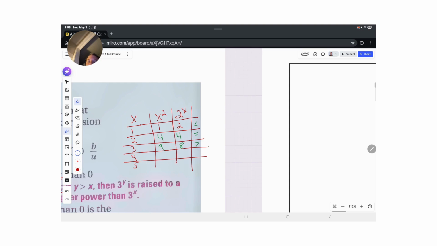Oh, now it's greater than. 4 times 4 is 16. 2 to the fourth power, 2 times 2 is 4 times 2 is 8 times 2 is 16. These are equal. And then for 5, 5 squared is 25. And 2 to the fifth power, 2 times 2 is 4 times 2 is 8 times 2 is 16 times 2 is 32. So back to less than.